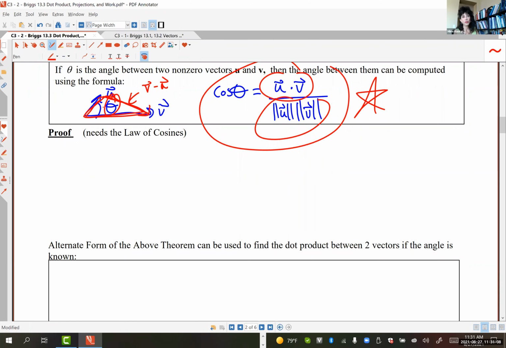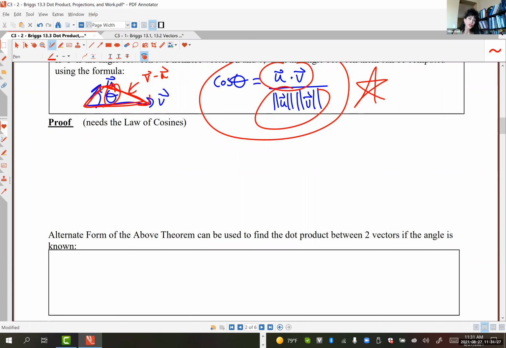That theta is different. It's just the angle between two vectors, anywhere in space. And actually this formula works for 17-dimensional space or 100 dimensions.